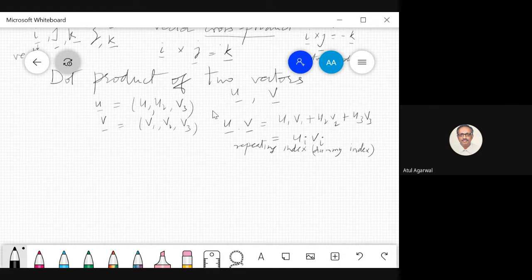So this is a shorthand notation for this entire expression. You can write it in shorthand like this. This notation was introduced by Einstein. This is also known as Einstein's notation.